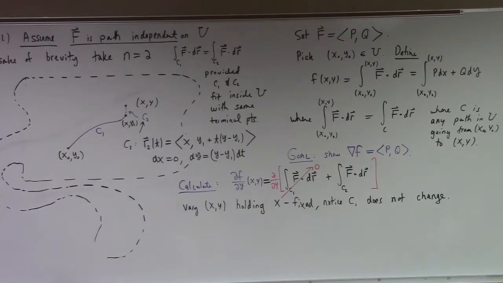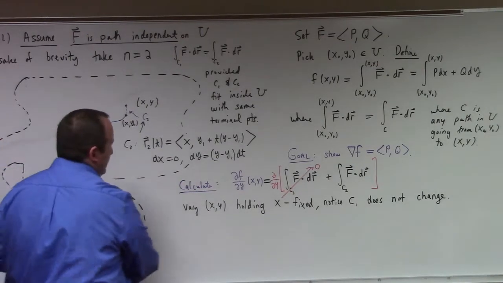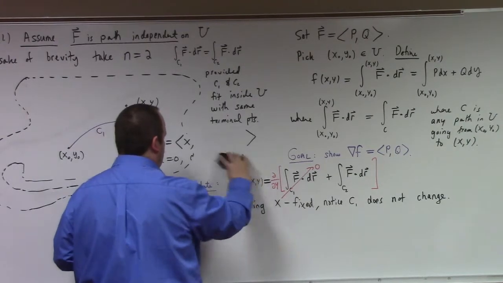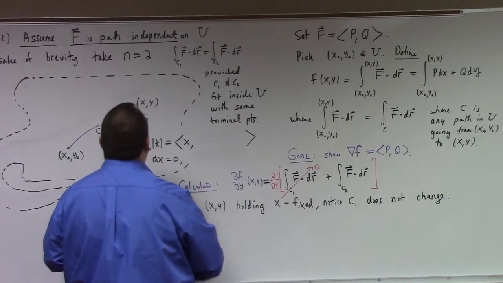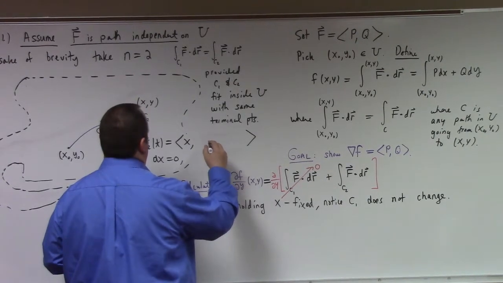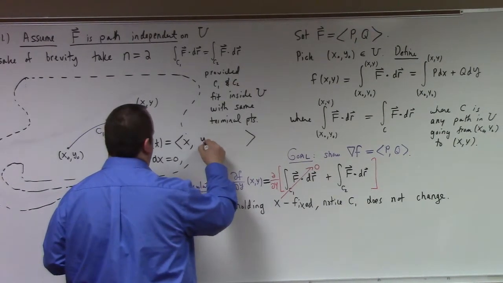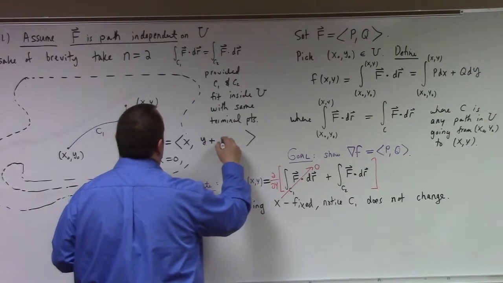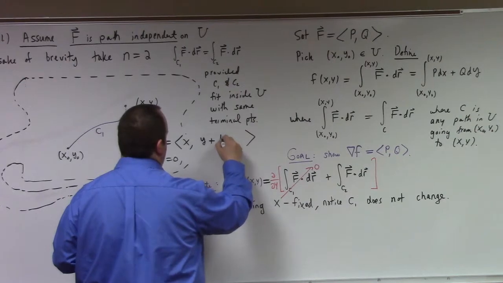Oh, I chose poorly. Actually, guys, I've done badly here. Let me choose a different parameterization that'll be easier for us to think about. What if I just do y plus t?